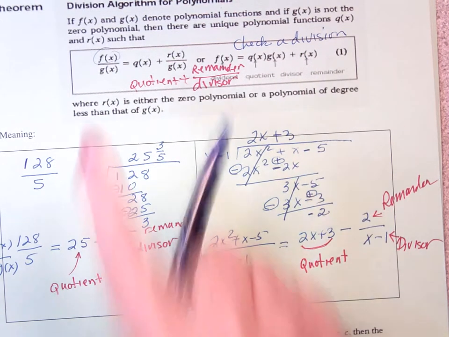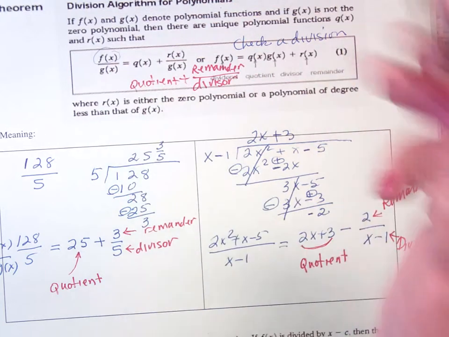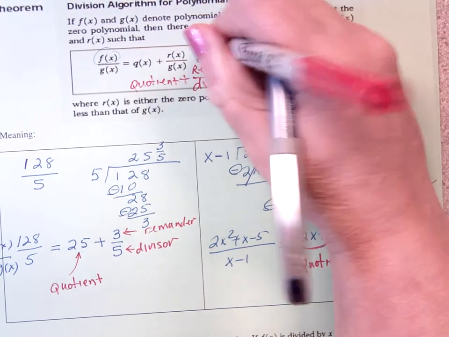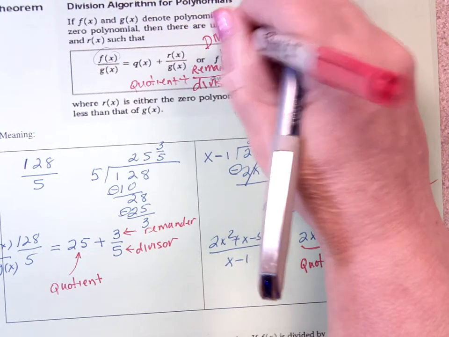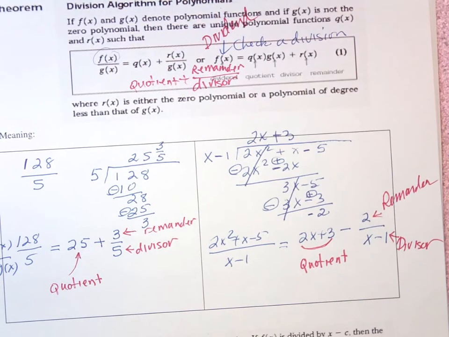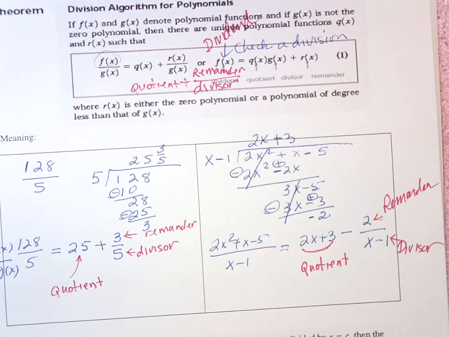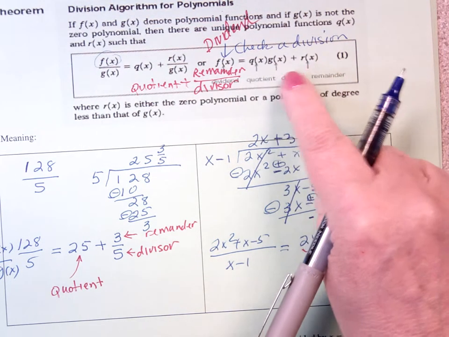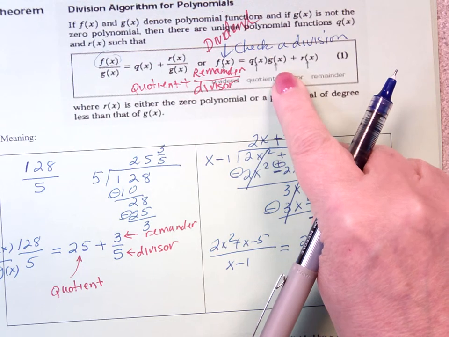The original function, the dividend, is equal to the quotient times the divisor plus the remainder.